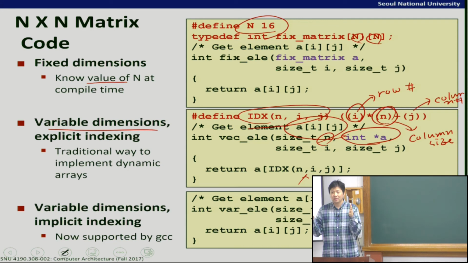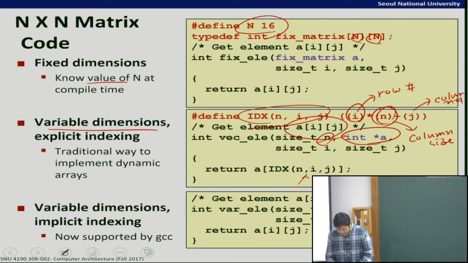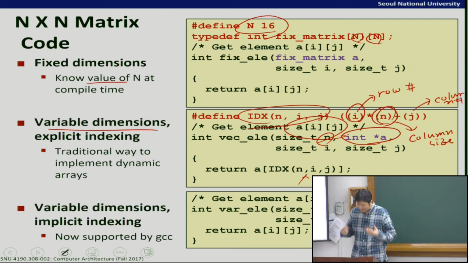Depending on your input size, you may need a large array, or you may need a smaller array, right? And then you declare the right size of array, using a malloc or some dynamic memory allocation call.